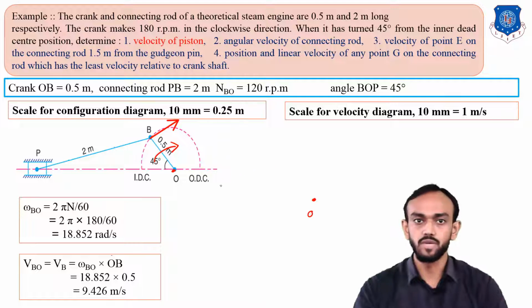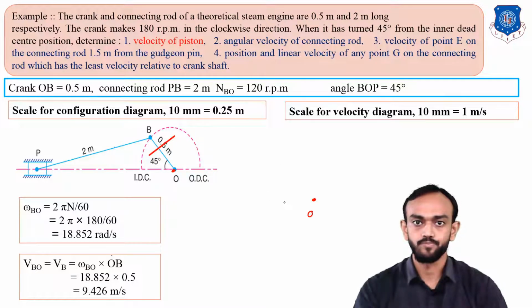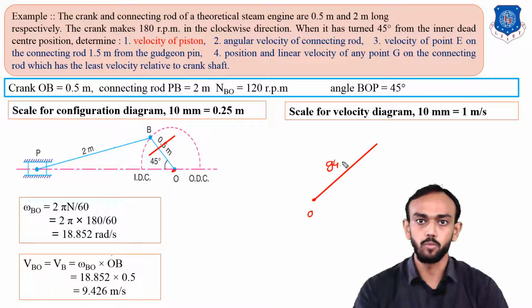So I will draw the first vector perpendicular to this link, from O in this direction, and the length will be 94.26 mm. And this point you will get here will be the B point. So we have drawn the velocity vector of B with respect to O.